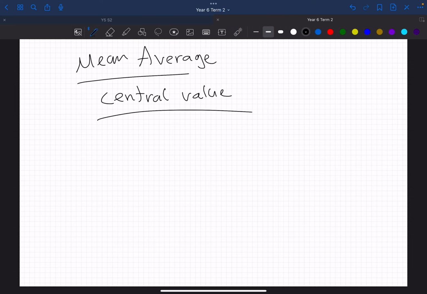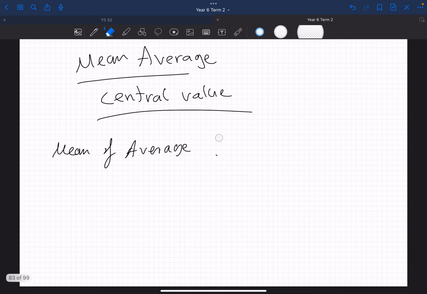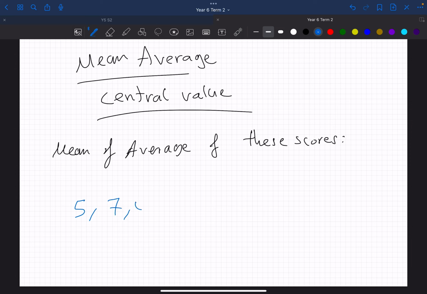For example, what is the mean average of these scores, these marks? Look, now we have 5, 7, 4, 7, and 7.